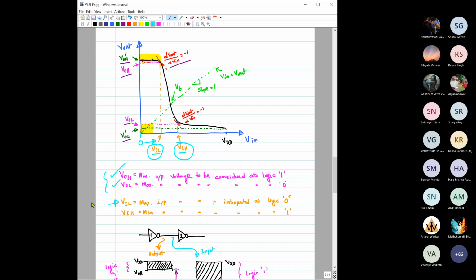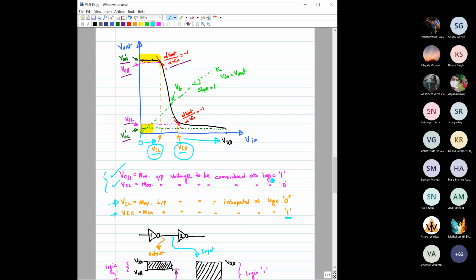Then I think the VIH definition is automatically clear from this. VIH is the minimum voltage on the input side which can be interpreted as logic 1. So any voltage from VIH till VDD can be considered as logic 1, right?